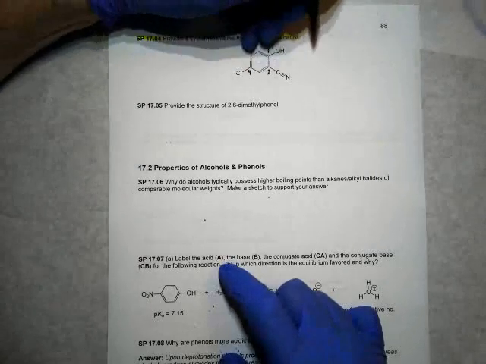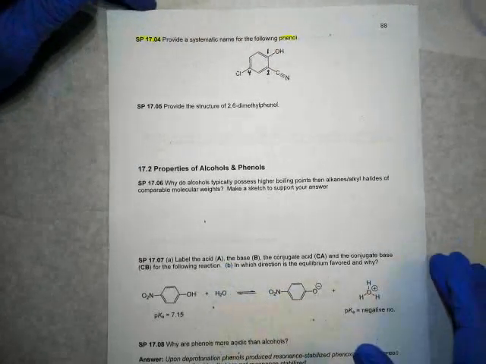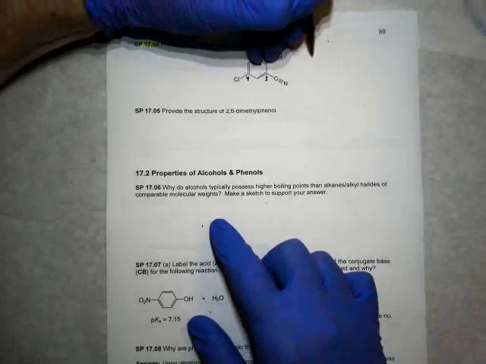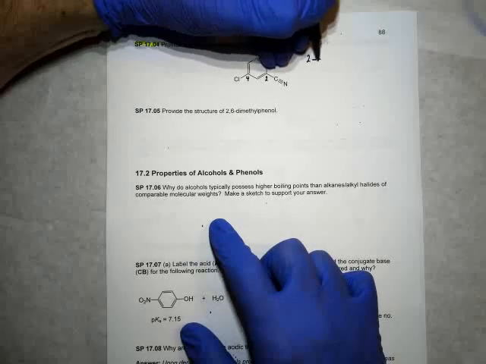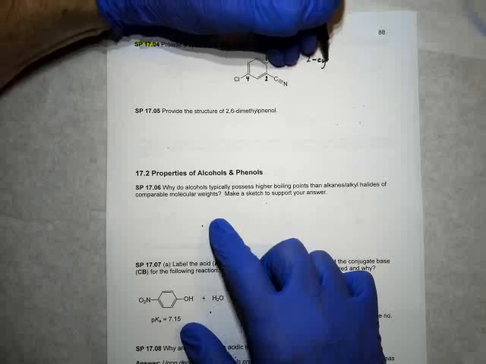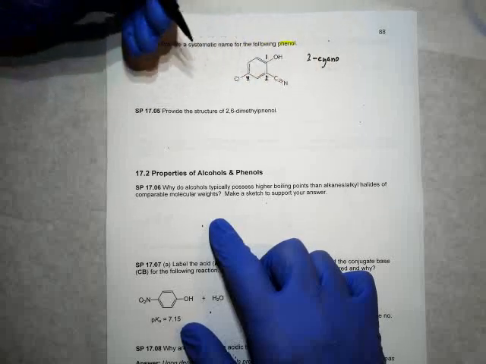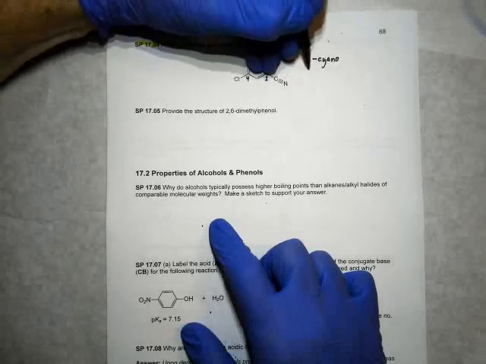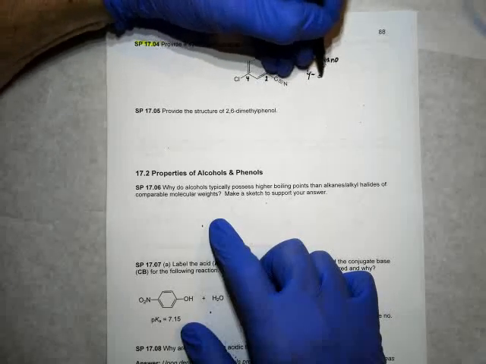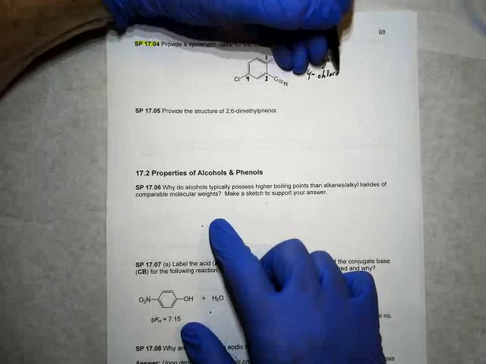So, what is the name of the functional group attached to carbon 2? It's called a cyano group. So in your name, you need the term 2-cyano. Okay? And what's more, you would need 4-chloro in the name.